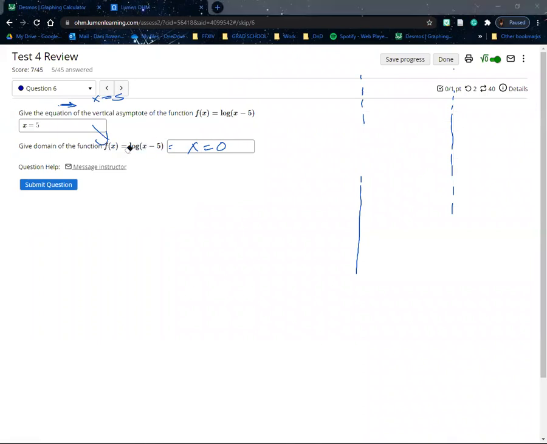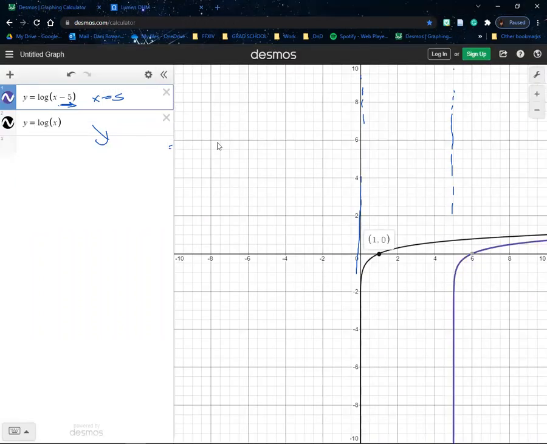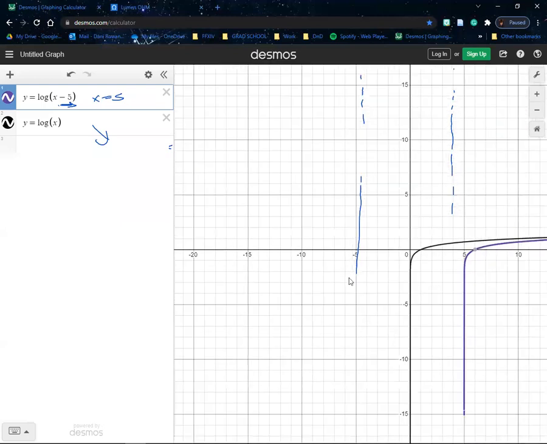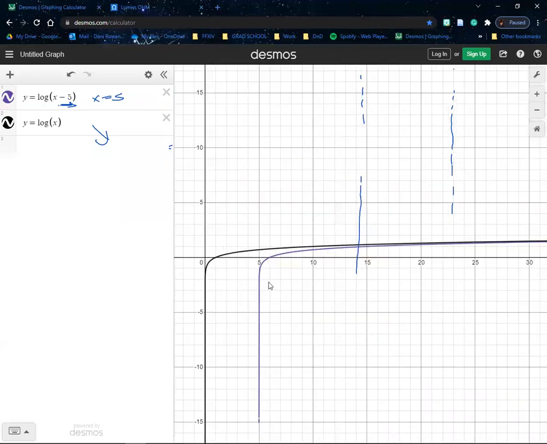Man, I gotta stop writing right over the question. Then it wants the domain. Well, if we look at this function again, what do you think the domain is of this function? What are all the possible x values? Where's this one, the blue one? And I'll hide this one. Where's this one start?